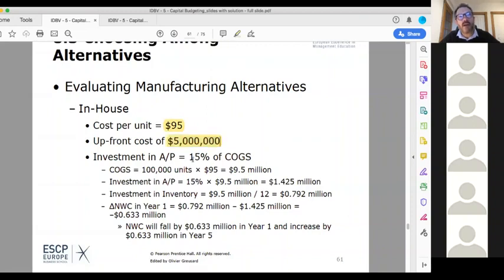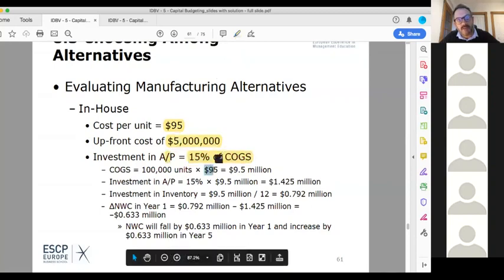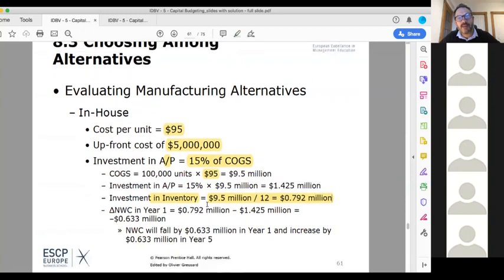We also have 15% of cost of goods sold in accounts payable, but not for the same price anymore. It's 95 instead of 110. And we also have an additional influence on the working capital, which is 1 month of inventory. And that's it. So what we have to compare between the two is the difference in the cost.